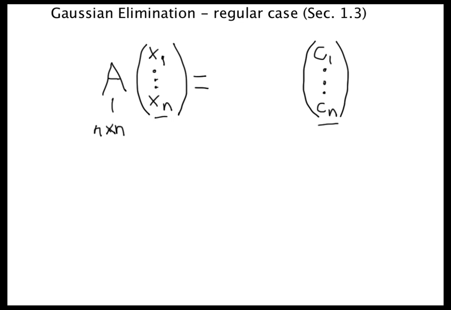What we just saw, the technique of Gaussian elimination, amounted to the following thing. I want to multiply both sides of this equation by some elementary matrix, E1, which kills off one of the lower triangular terms, one of the terms below the diagonal of A. That's what multiplying on the left by elementary matrices enables you to do.